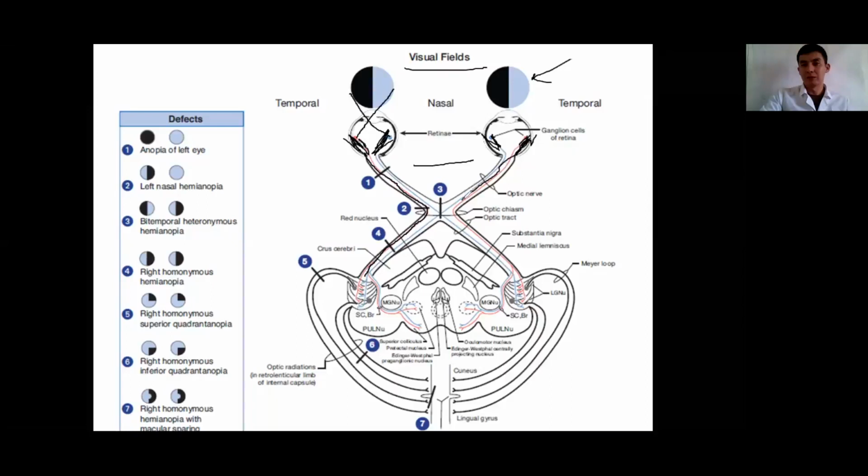The information is delivered by the ipsilateral side toward the lateral geniculate body. At the same time, the nasal part of the retina delivers information toward the contralateral part of the nervous system, and makes the crisscross.